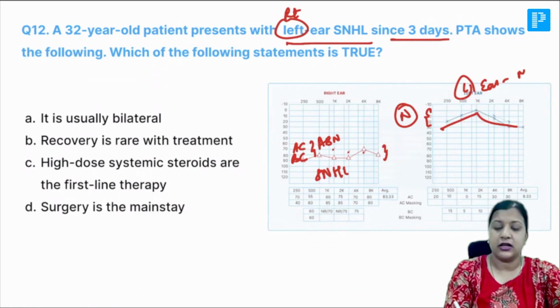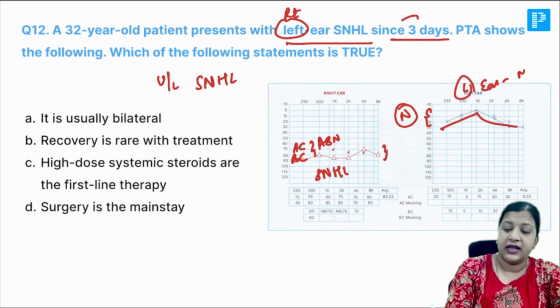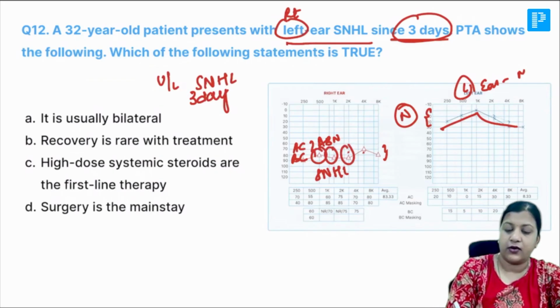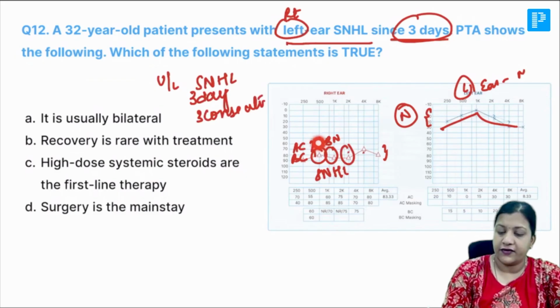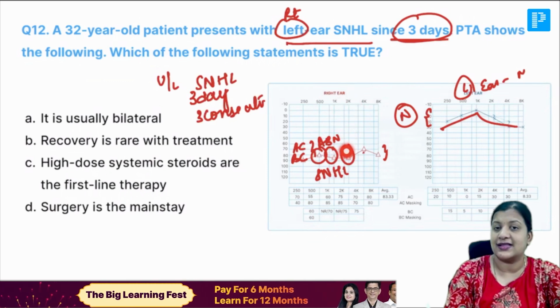So if there is a unilateral SNHL that has been there only since 3 days, and if there is an SNHL in 3 consecutive frequencies, right? So if you see at 256 hertz, there is a SN loss, 500 hertz, there's an SN loss, 1000 hertz, there's an SN loss, 2000 hertz, there's an SN loss.